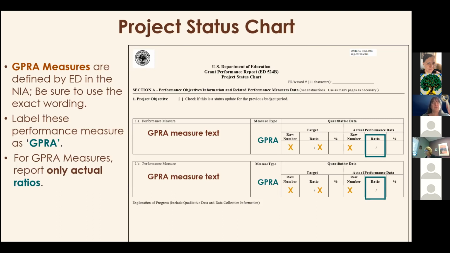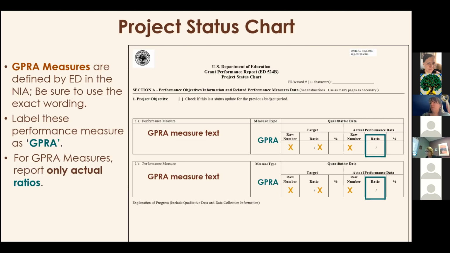For the GPRA measures, we're only reporting on the actual ratios. Where you see the X's, we don't enter data into those sections. We're not reporting any raw numbers or target ratios for your GPRA measures, only the actual ratios.